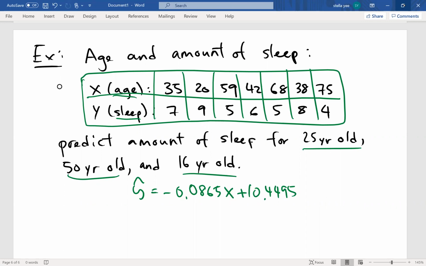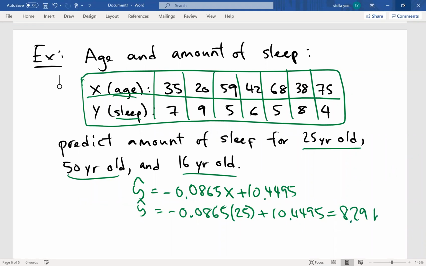So if I plug in 25 for x, I get 8.29 hours of sleep for a 25-year-old.